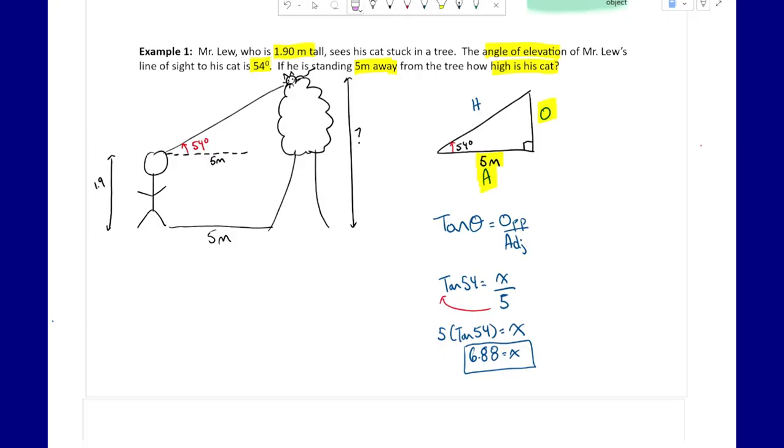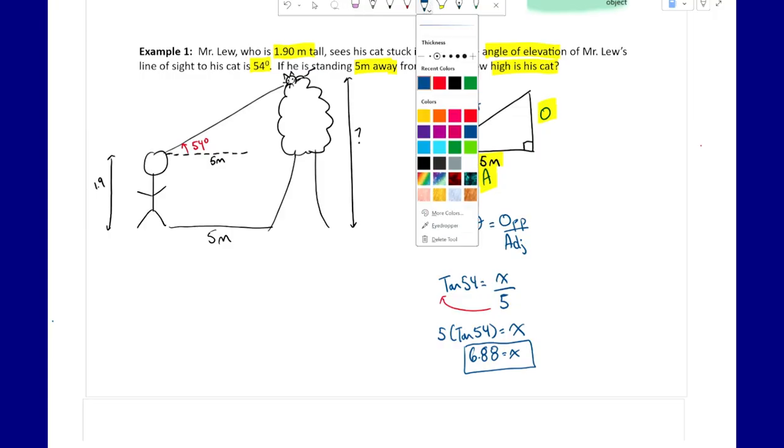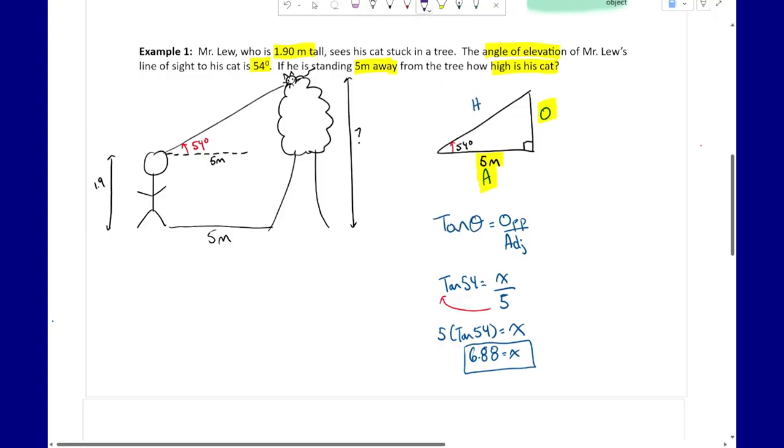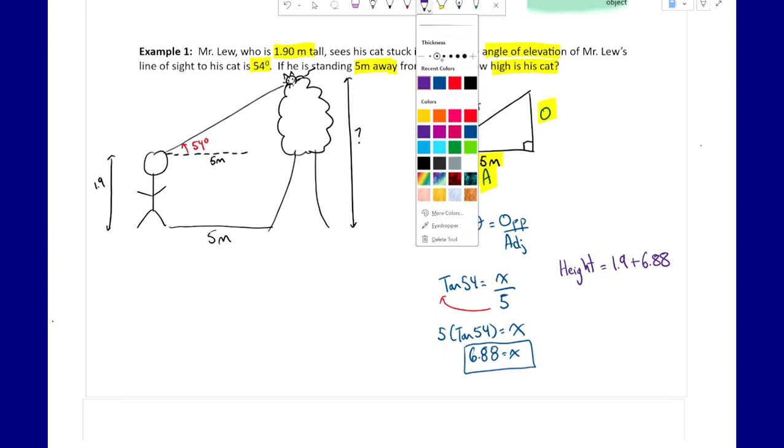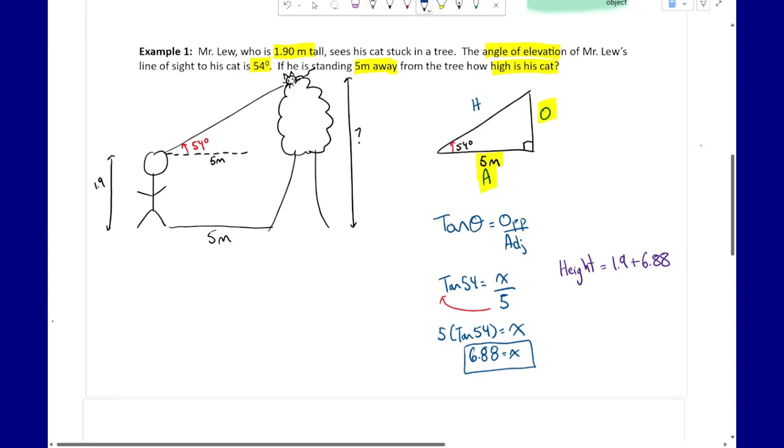So what we need to do is, for the actual height of the cat, we need to say height is equal to 1.9 plus the 6.88 that we calculated. Because with using the right angle trig, we've only figured out this portion of the tree.